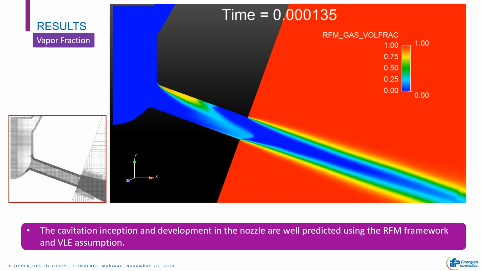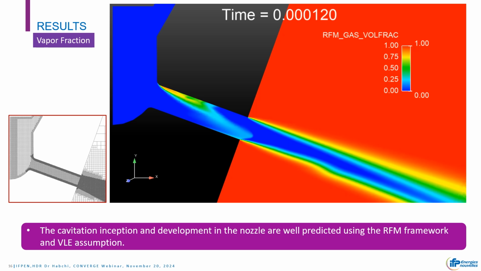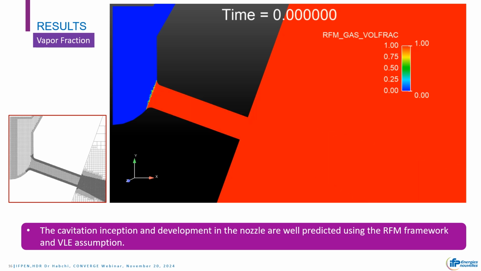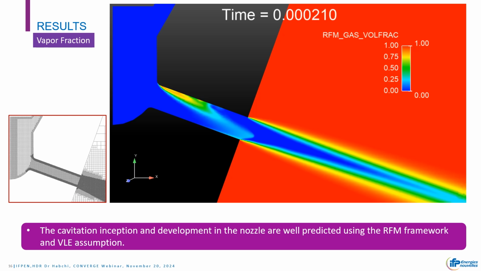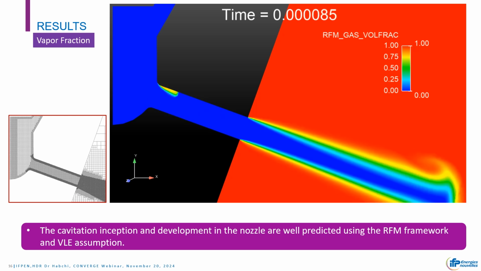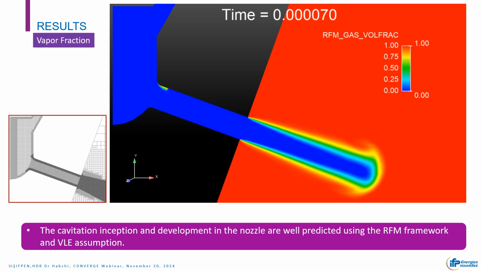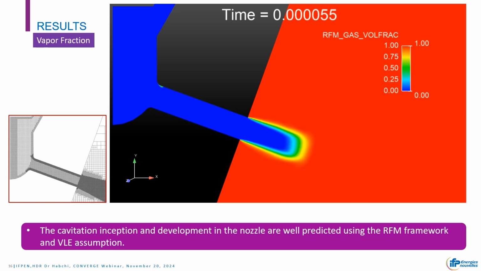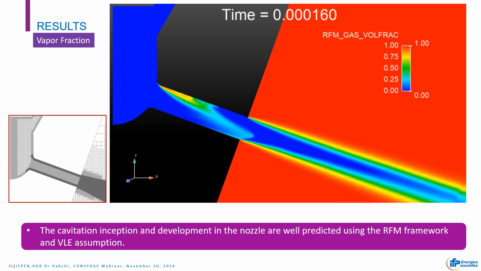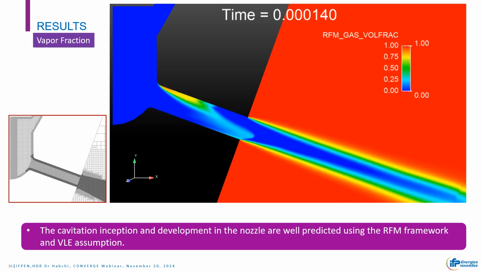We can see here the results of the vapor fraction. What's obvious is the cavitation that appears on the upper side of the hole near the entrance from the sac.